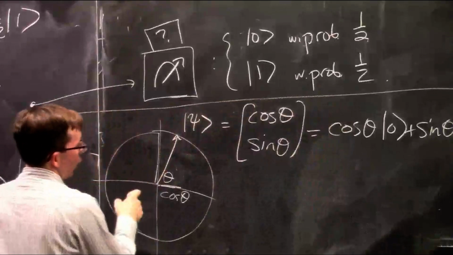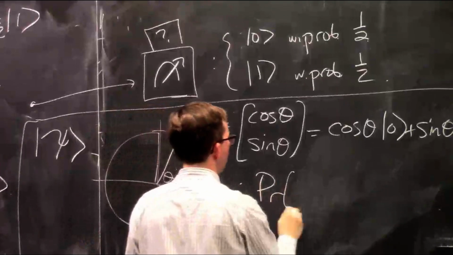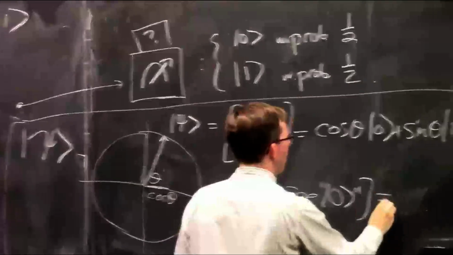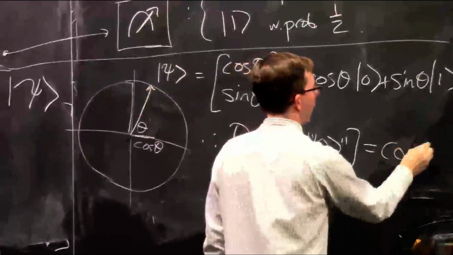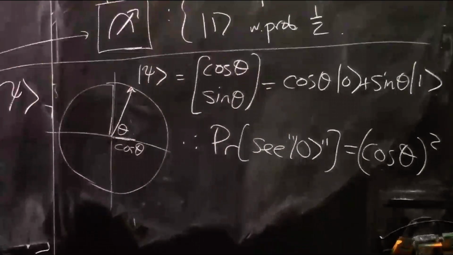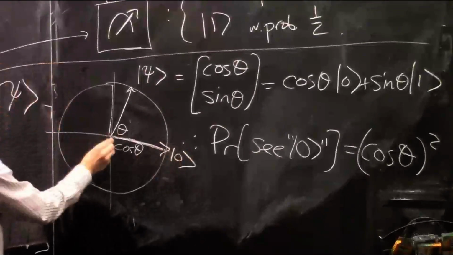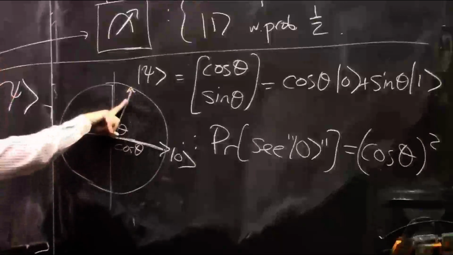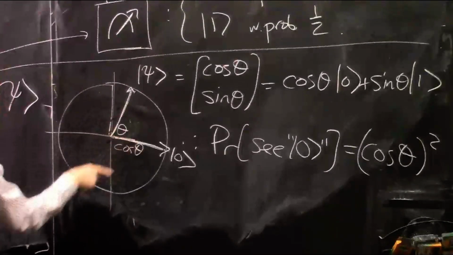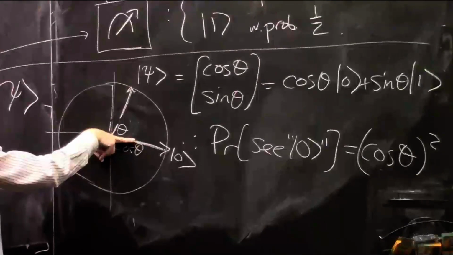OK, and so if you fed a qubit in this state into your measuring device, the probability that you'd see 0 on the readout would be the square of the first coordinate. OK, this is very important to remember, actually. So by the way, remember that this is 0. When you take psi and you measure it, the probability that the readout, and also what the state changes to, is 0, is the square of the cosine of the angle between the state and the readout thing.